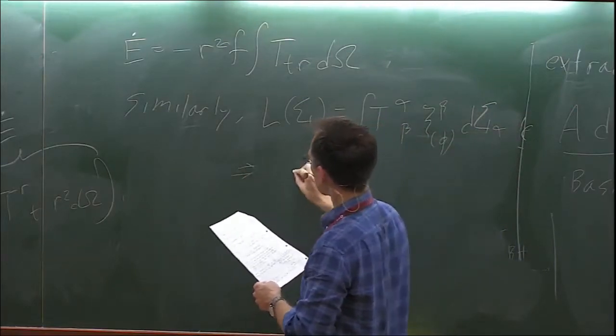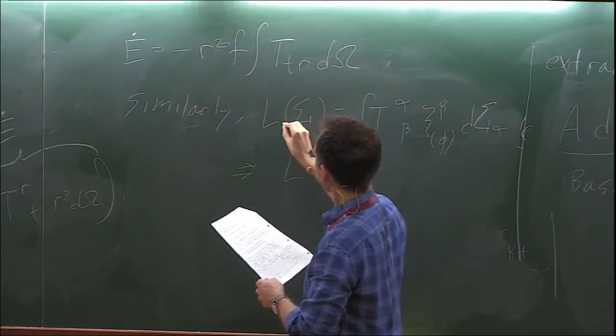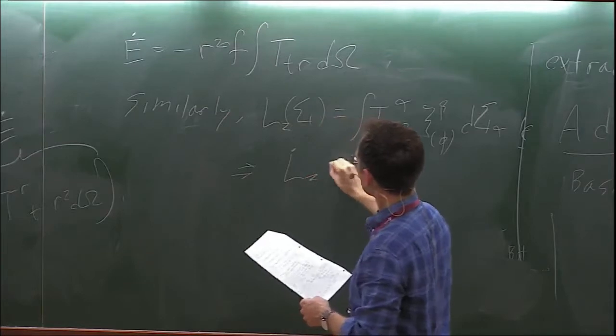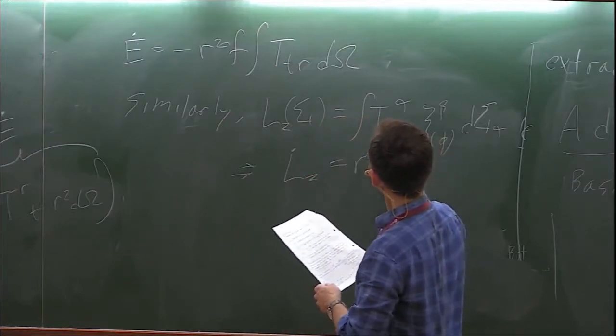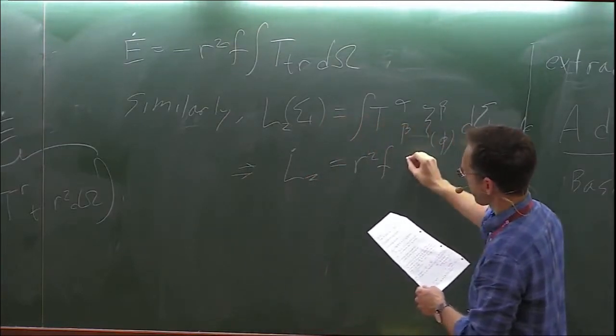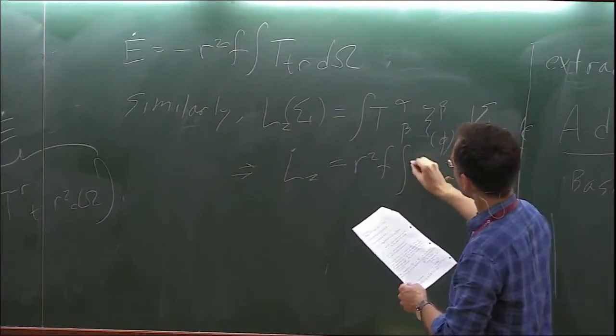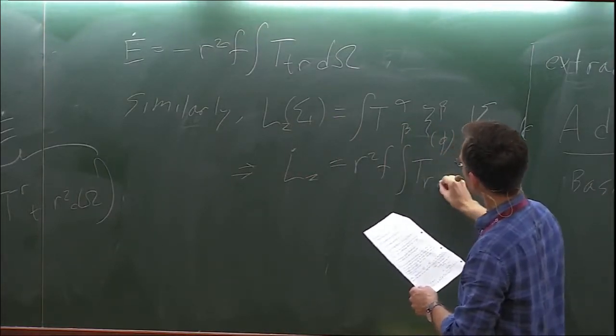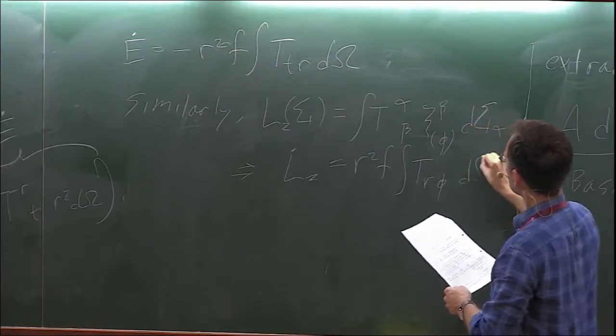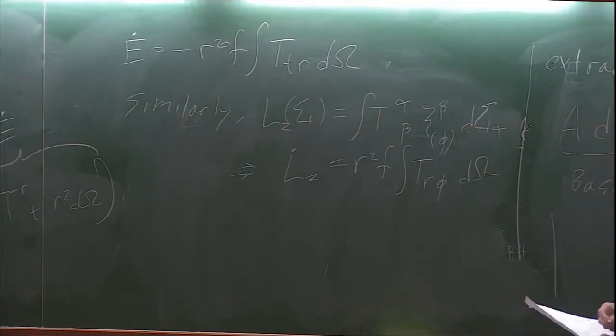And the exact same calculation gets you that L dot Z is r squared f times the integral over a sphere of t r phi d omega.